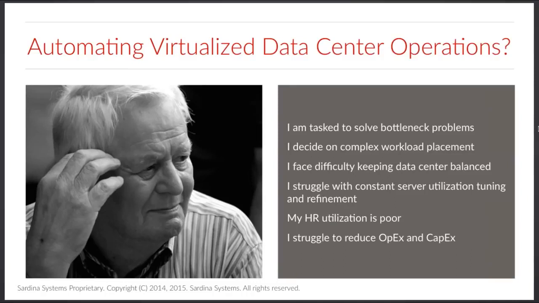In conversation with clients, we typically find that clients who are tasked to solve data center bottleneck problems, having to decide on complex workload placements, struggling to keep the data center balanced, and constantly tuning and refining to try to cope with server utilization problems.